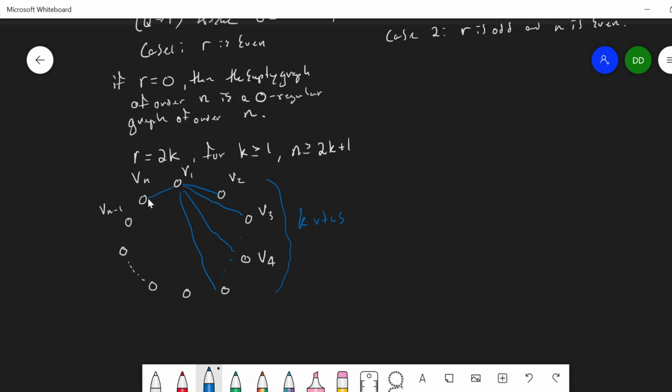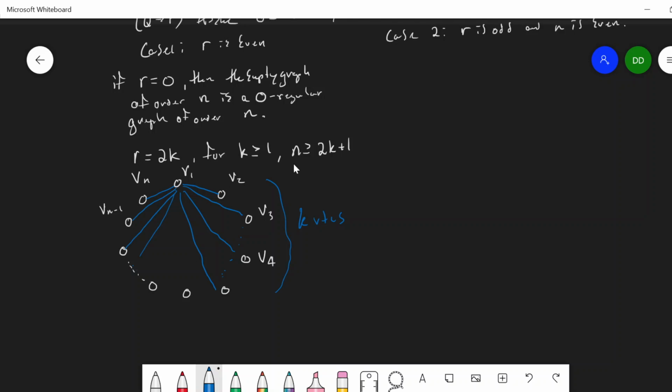So v1 will also be adjacent to vn, vn minus 1, vn minus 2, vn minus 3, and so on, until I get to vn minus k plus 1. And I'll do this with every single vertex.